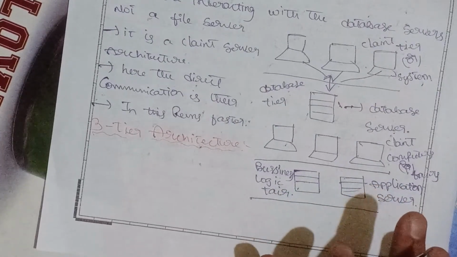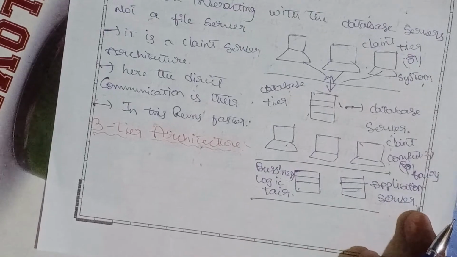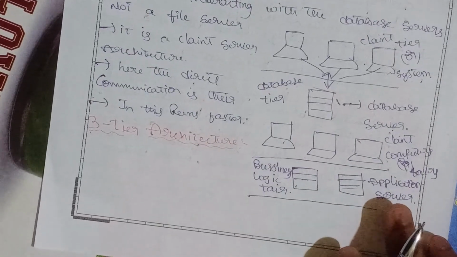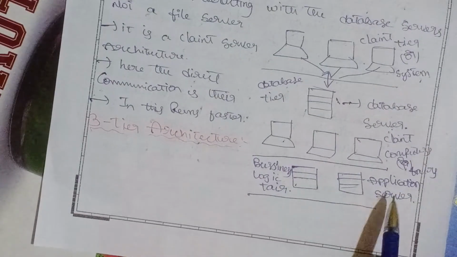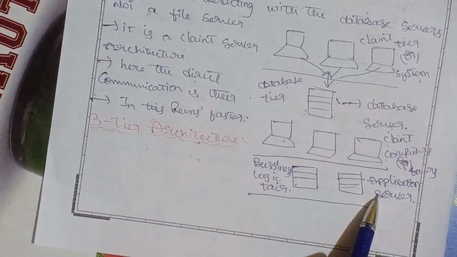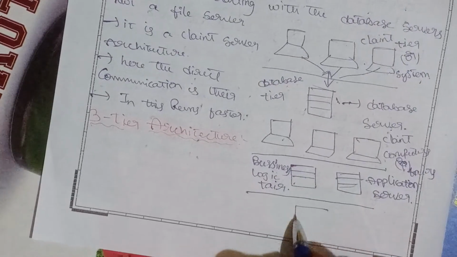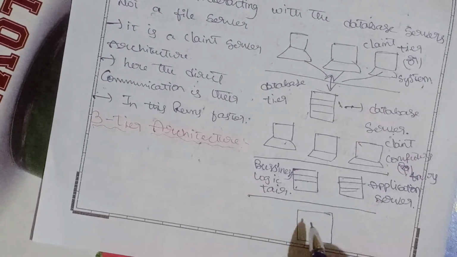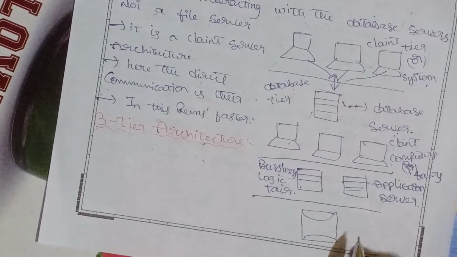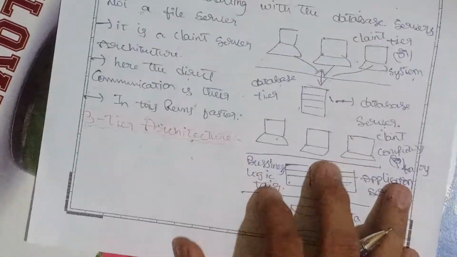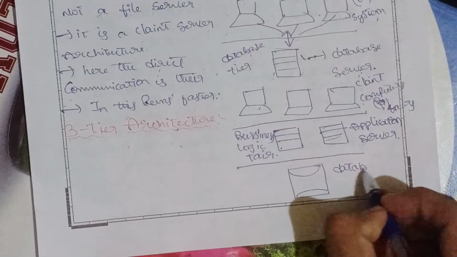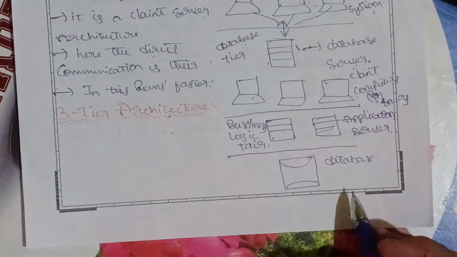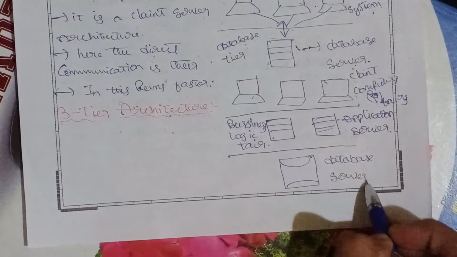The client computer will be there. This is called the business logic tier, which consists of an application server or stores. Last is the database server, this is the main one.